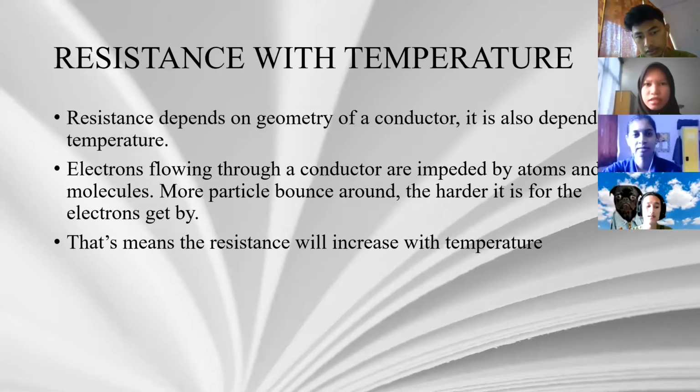This means the resistance will increase with temperature. When temperature increases, the particle bounce is higher, and then the resistance will become increased too. That's all for resistance with temperature.